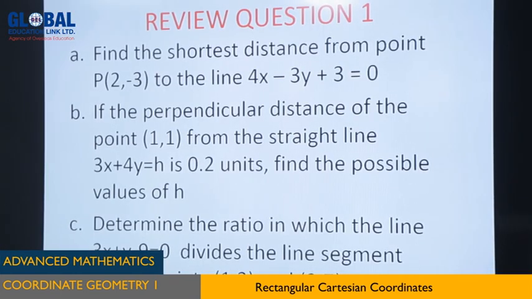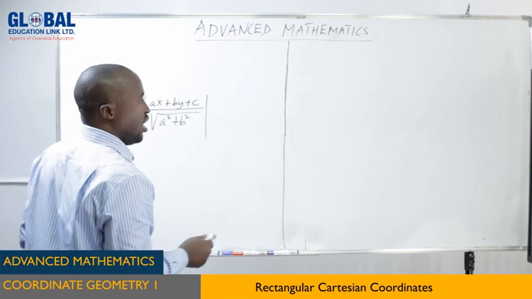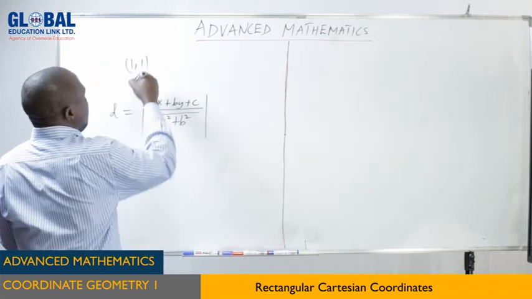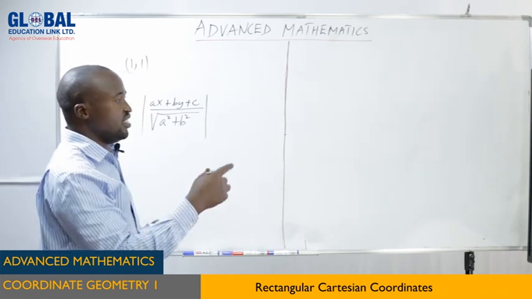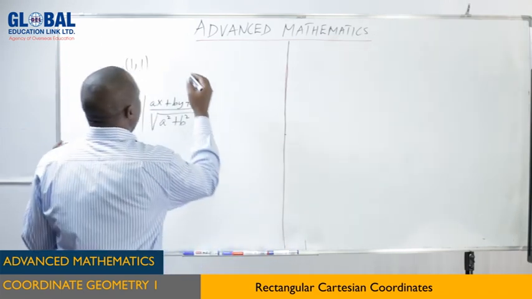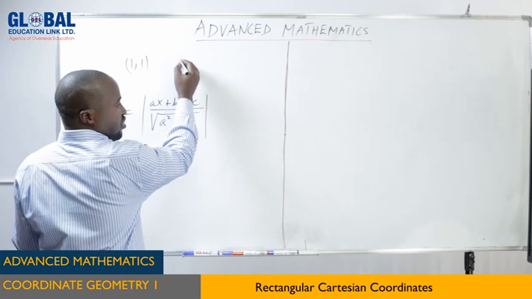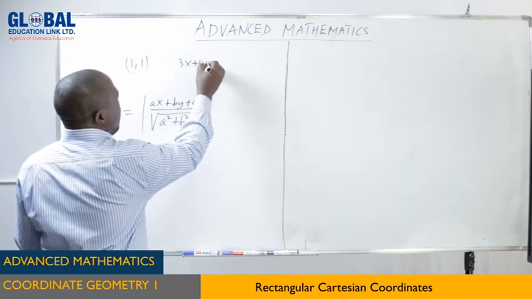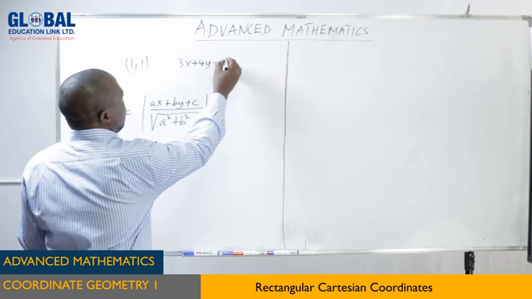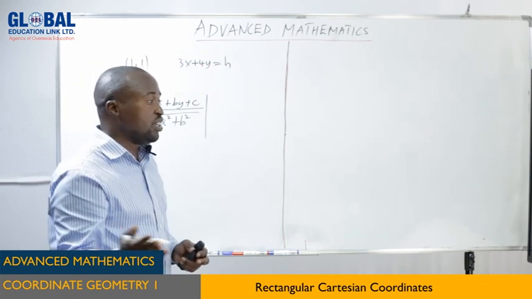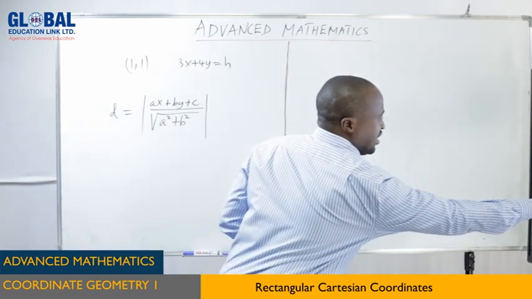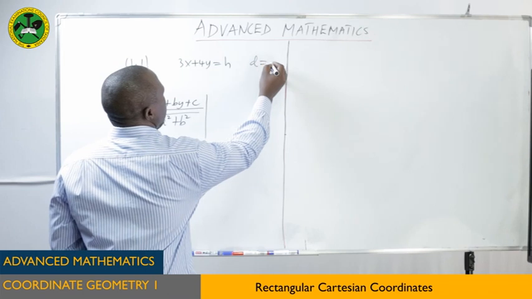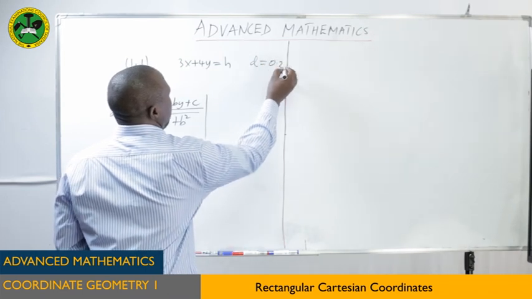We also have the equation 3x plus 4y is equal to h. And we have the perpendicular distance, that is, the distance is 0.2. So here d is equal to 0.2.